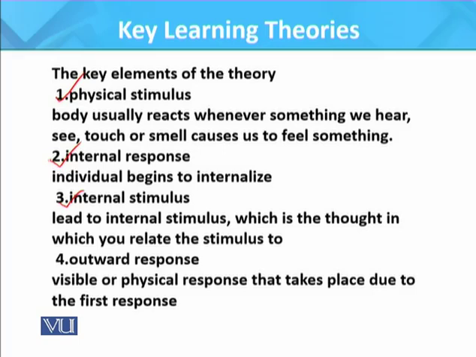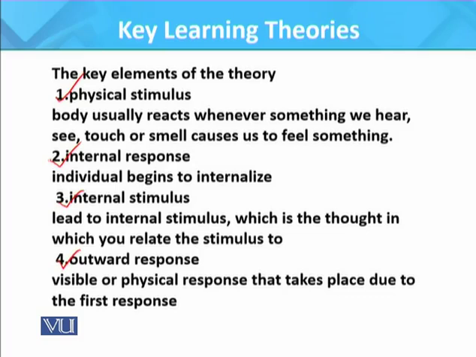This happens when, after reacting to physical stimulus, you relate that information to some past information that you already have in your mind, and you internalize it. Therefore, your internal response becomes your internal stimulus, based on which you generate an outward response.